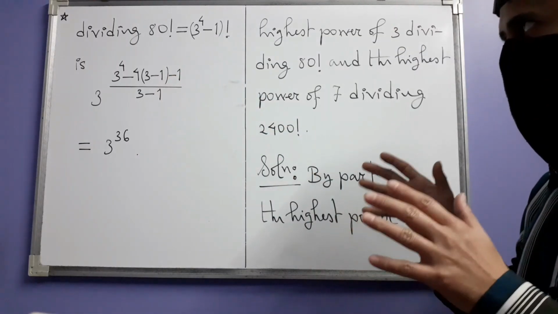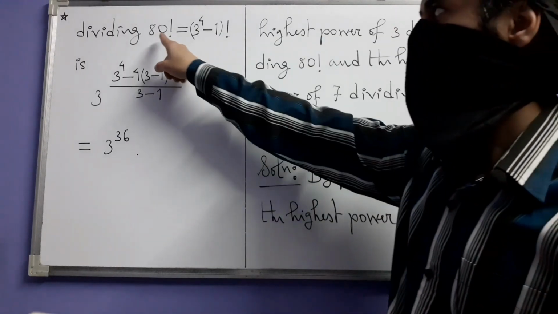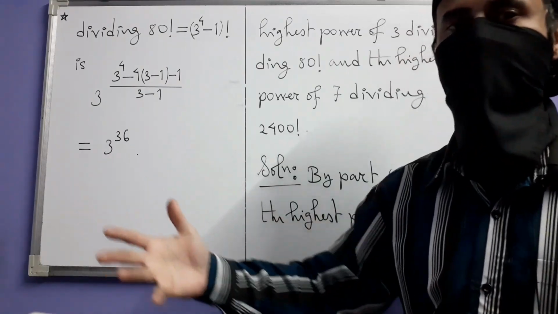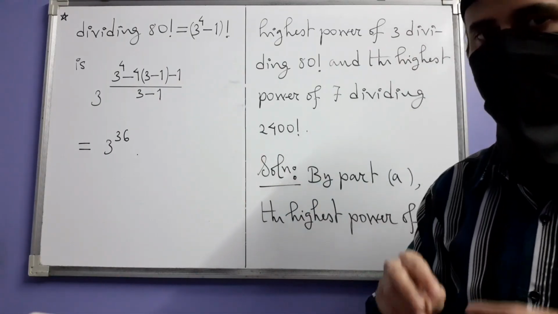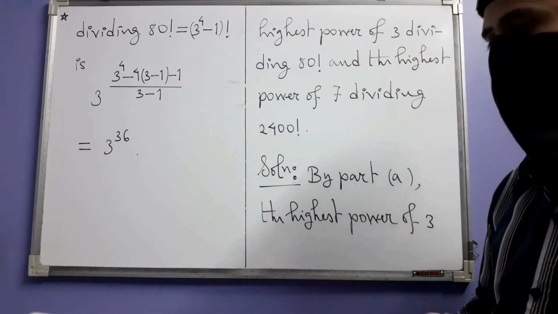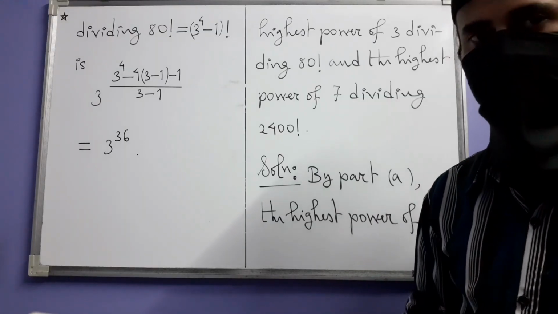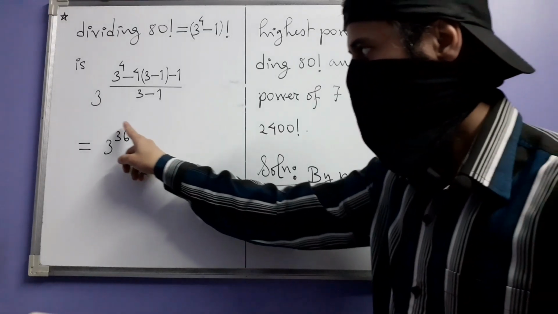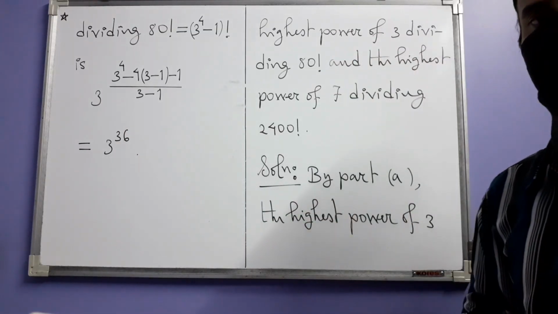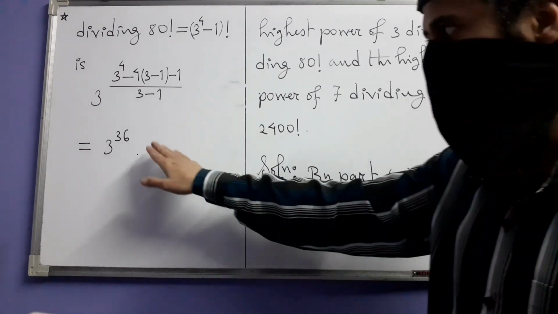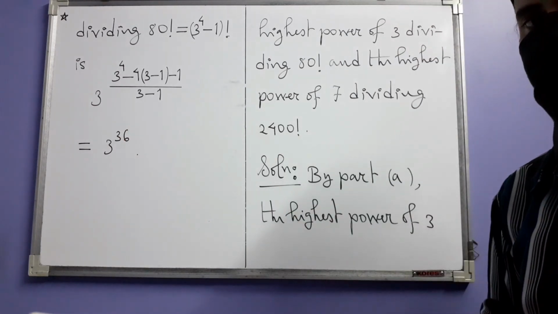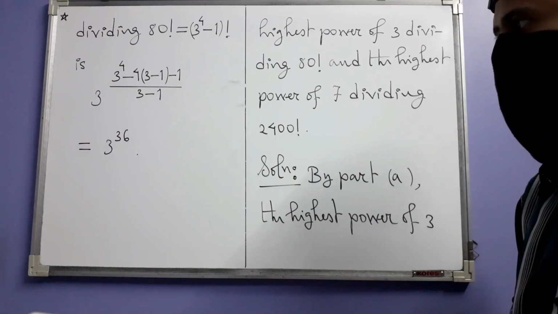So this just means that if one expands 80 factorial, this itself would also be very large, and then factorizes that number, this will be the power of 3 that will appear there. That's the largest power of 3 that will appear in the factorization.